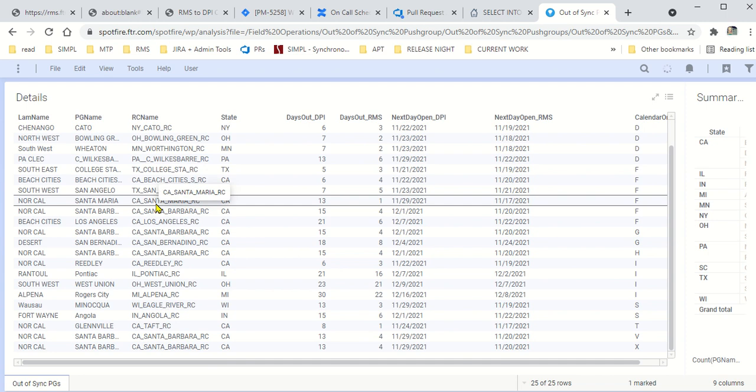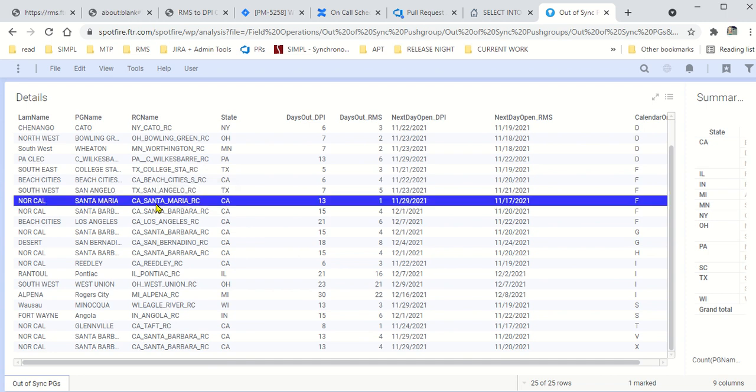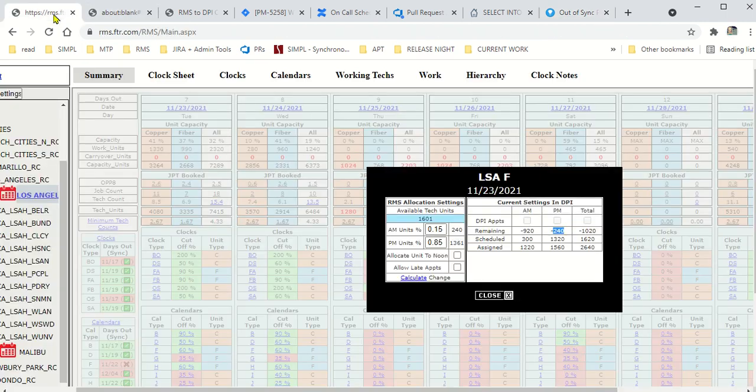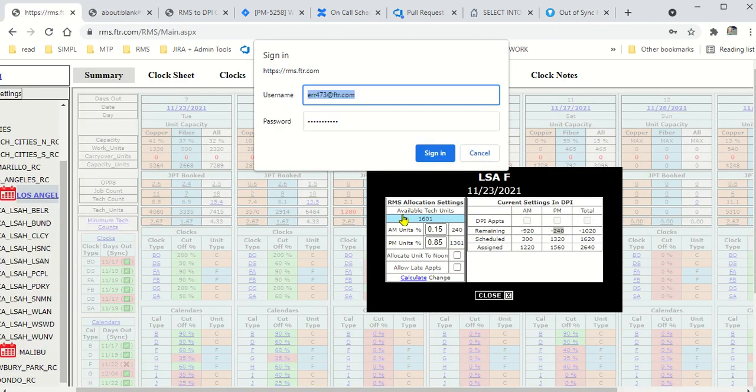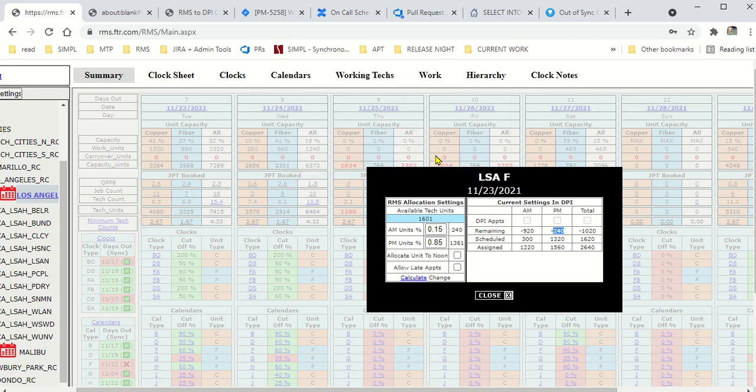This one? Oops, the Santa Maria. Okay. Oh man, why does it want me to do this again?